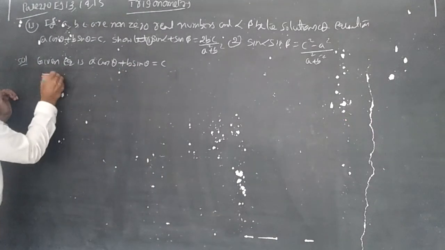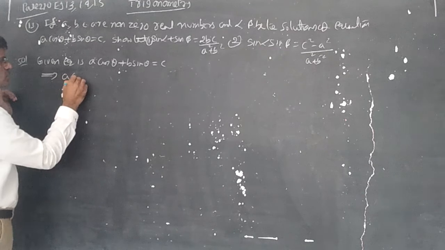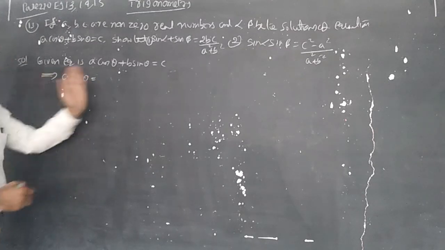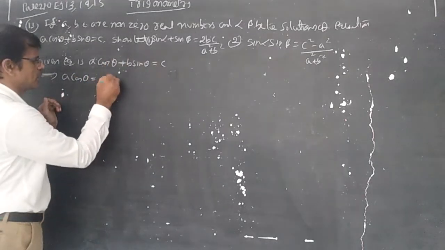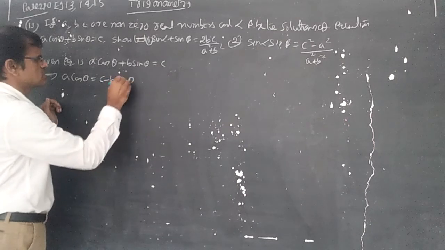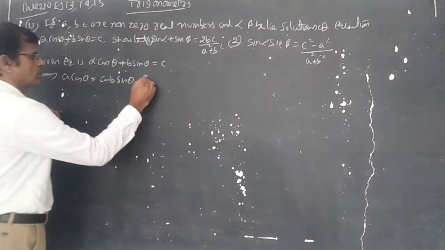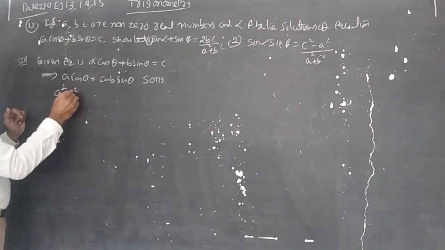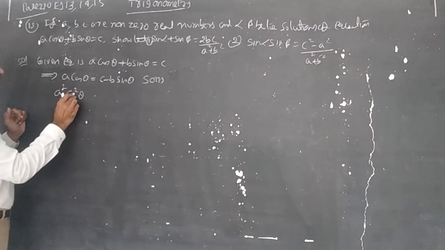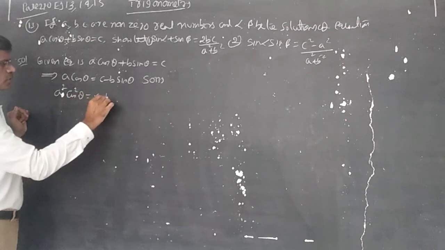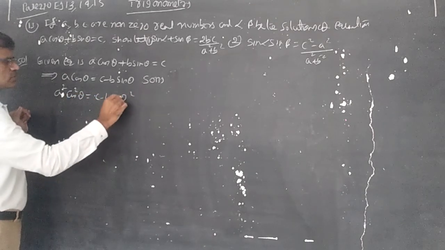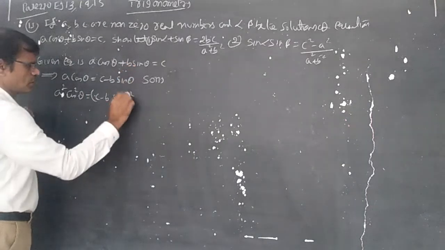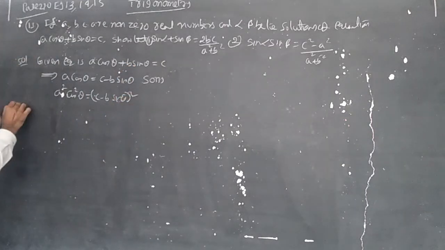That implies a cos theta, keeping a aside and taking b sin theta to the other side, it becomes c minus b sin theta. Now let us square both sides. So it can be written as a square cos square theta is equal to c minus b sin theta whole square.